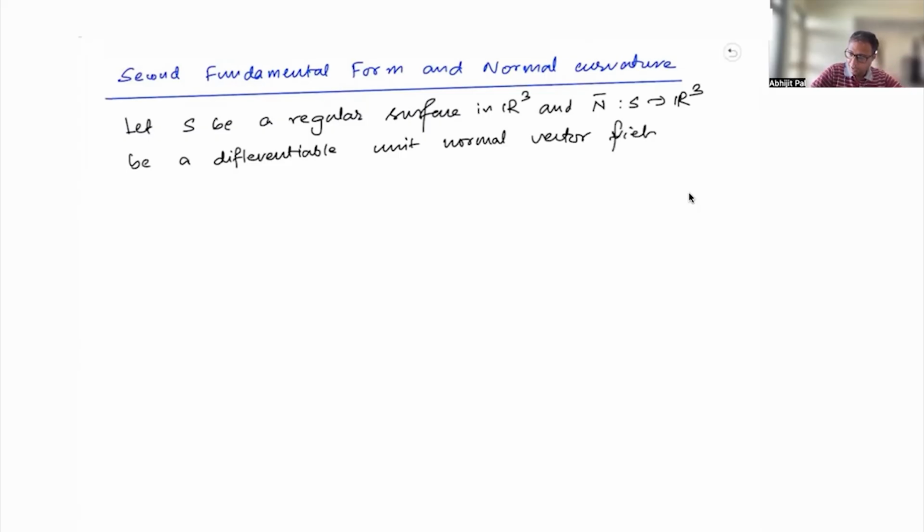So this N bar gives an orientation of the surface S.